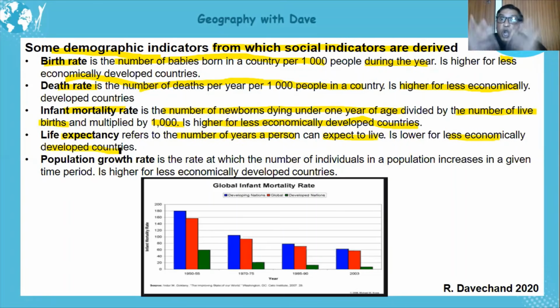And if it's low, the development will be low because people die earlier, meaning they're not as healthy, etc. Population growth rate is another one, the rate at which the number of individuals in the population increases in a given amount of time. Again, it's higher for less economically developed countries.